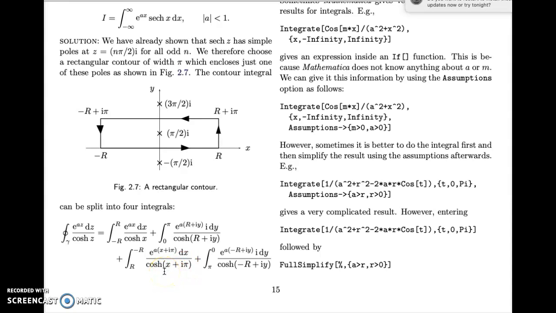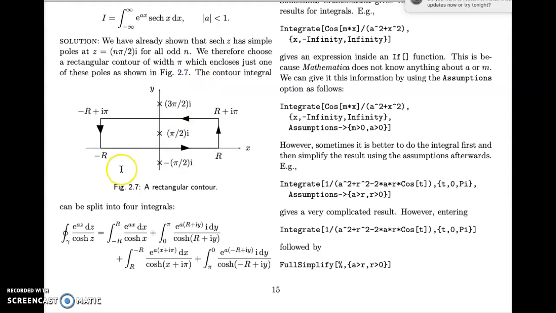And when we change x to x plus i pi in this thing, then we'll get something. So lambda is definitely not going to be equal to 1. So that's good. We're going to get something which looks like this, but then has an extra factor. And that's exactly what we want.